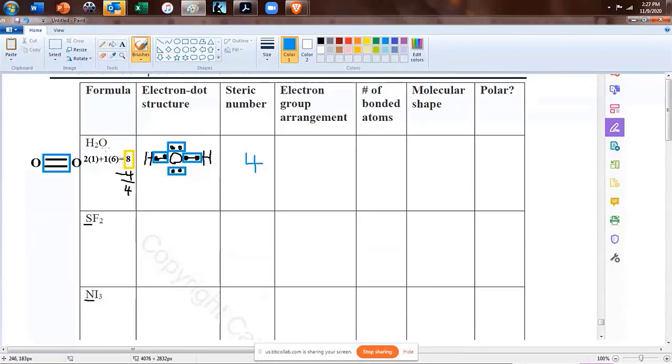Each shared pair of valence electrons is represented by a line, which is what we did, to indicate electrons belong to both. Dots will indicate unshared pairs. So, count the number of valence electrons, build a skeleton structure, like I told you, and then add the remaining valence electrons to fill up the outer atoms first.